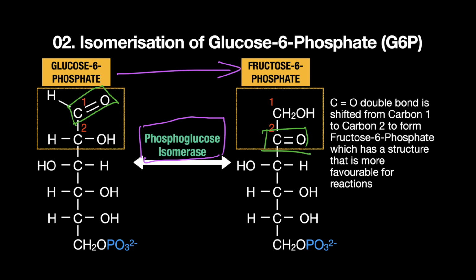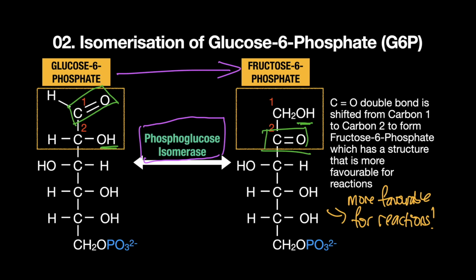So essentially, they have swapped places. Now, why is this necessary and significant? This is because fructose 6-phosphate has a structure that is more favorable for reactions. We will see why in step 3.